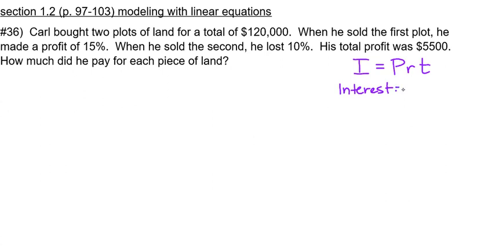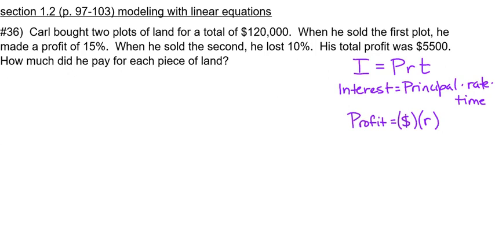That's simple interest, but you notice in the problem there's not a whole lot mentioned about time, so we're going to break it down where time is just 1, and we'll say interest equals principal times rate, or instead of interest, we'll say profit equals principal times rate, or profit equals the amount of money invested or that the land was sold for, so the dollar amount multiplied by the interest rate.